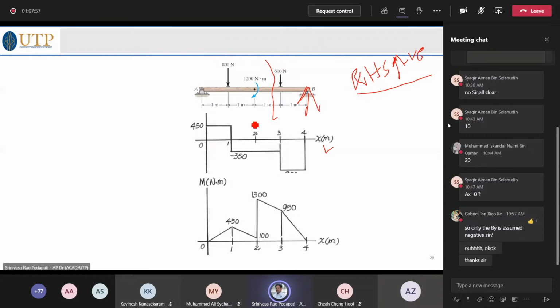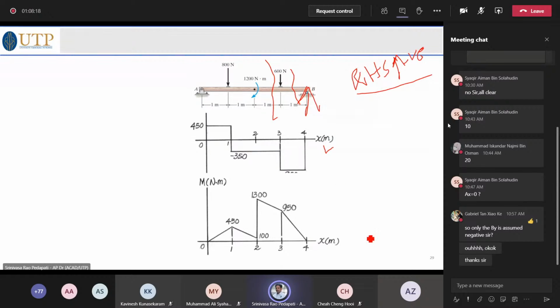For moment, if you see this figure, if you take the section here, the moment on the right hand side is by times x. What is by? By is 950, yeah? By 950.